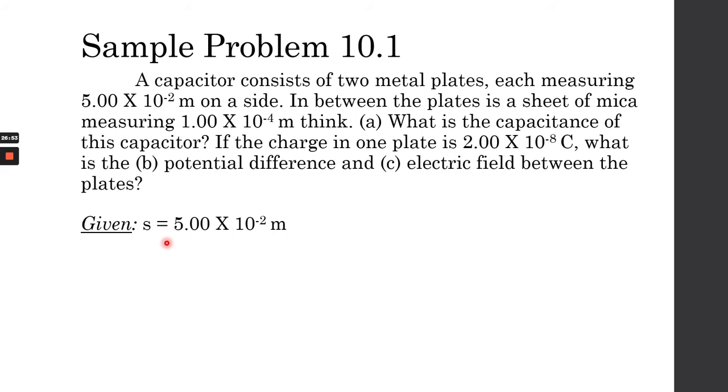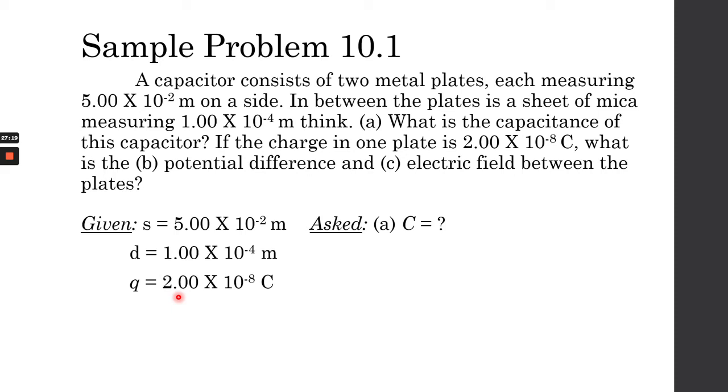This is not the area, this is just one side of a plate. The distance between the plates is 1 times 10 raised to negative 4 meters, because that's the sheet, the dielectric in between them. And the charge of one of your plates is 2.0 times 10 raised to negative 8 coulombs.